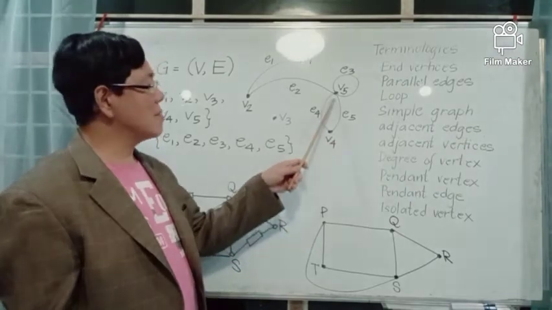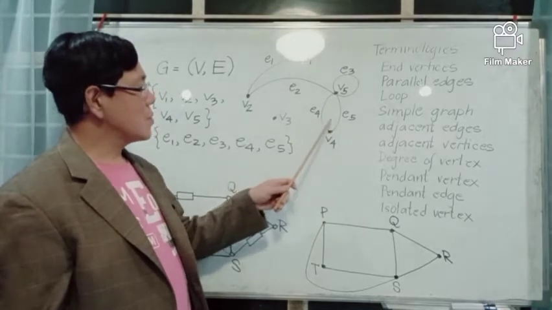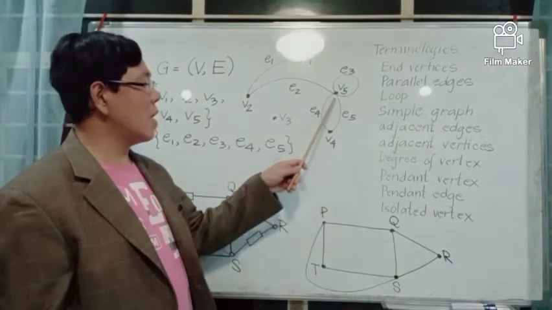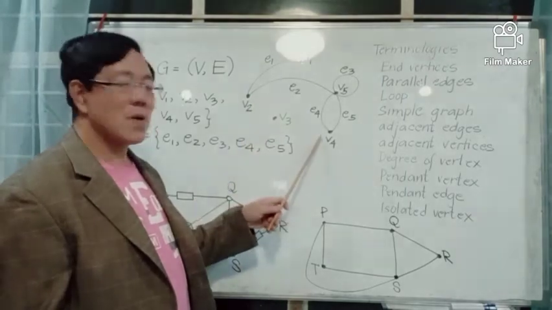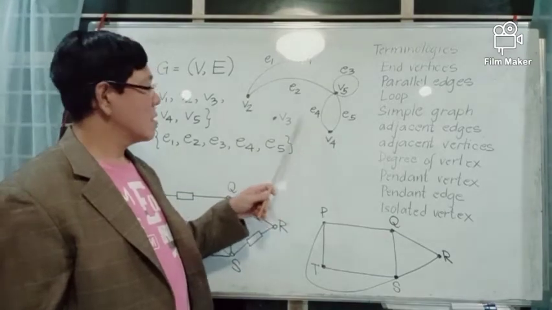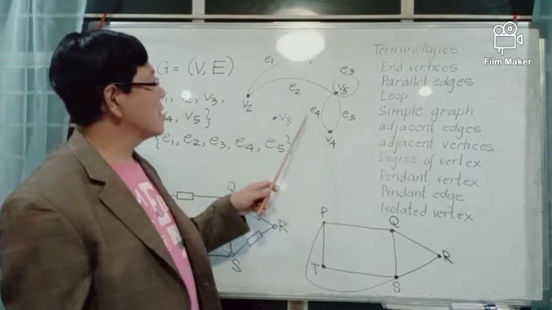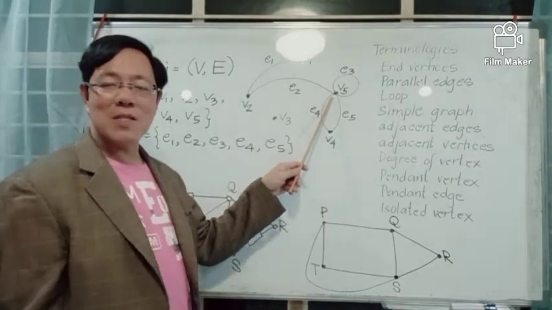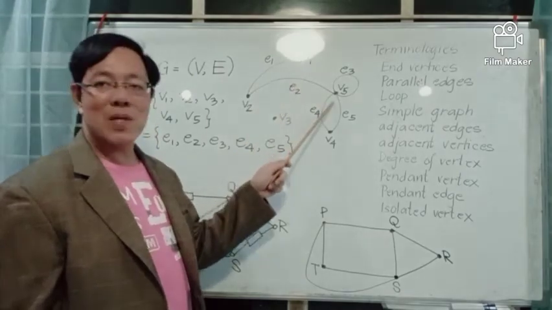Vertices B4 and B5 are adjacent vertices because there are two edges, these parallel edges, connecting these two vertices B4 and B5. These vertices B2 and B4 are not adjacent vertices because there is no edge that connects these two vertices B2 and B4. Also, vertices B1 and B5 are not adjacent vertices because there is no edge that connects vertex B1 with vertex B5.